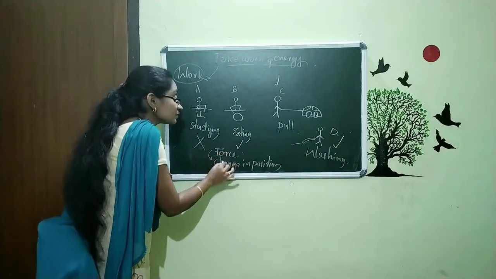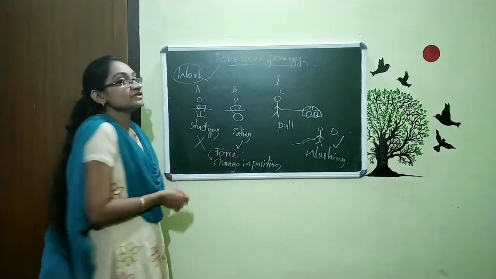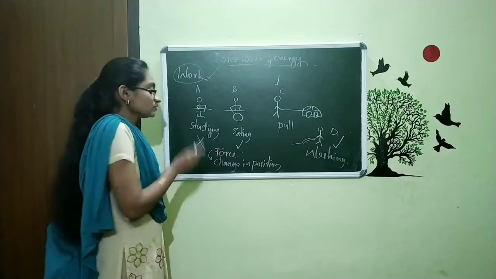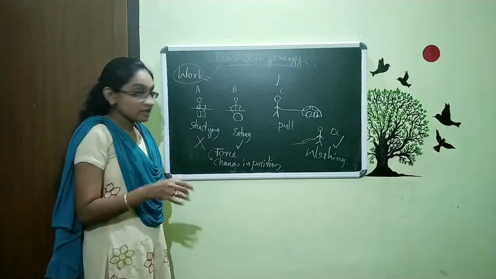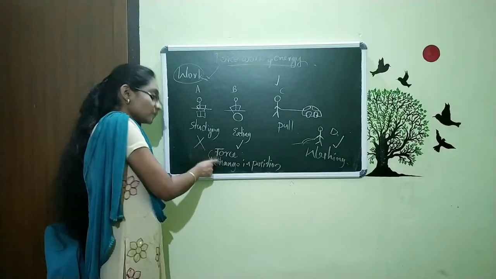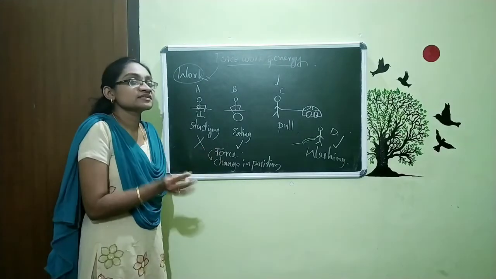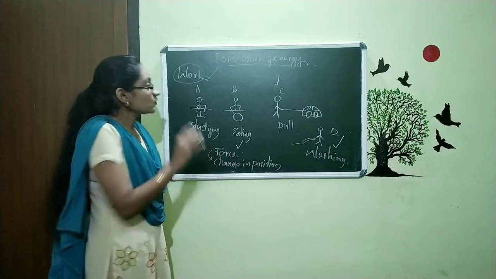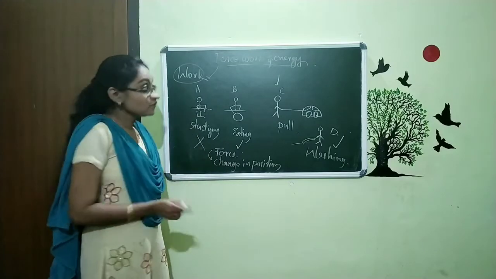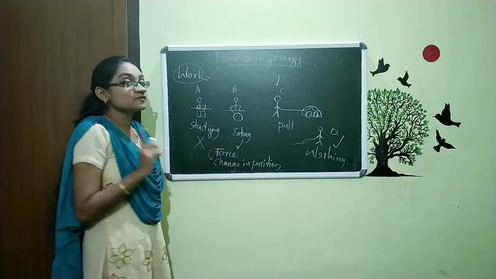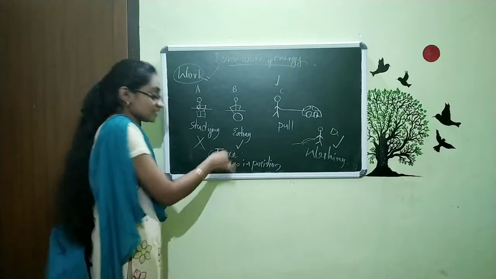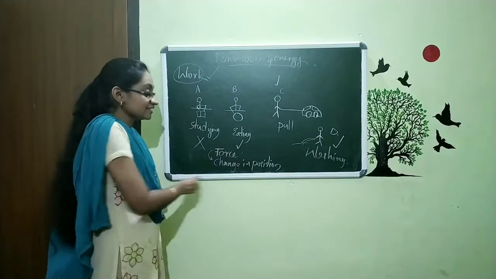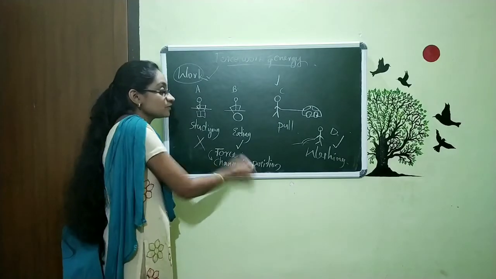So these two things are very important for work done. If there is no force, there is no work. Or if there is force and no position change, no work is done either. So for work done in the sense of science, two things are needed: application of force, and change in position.